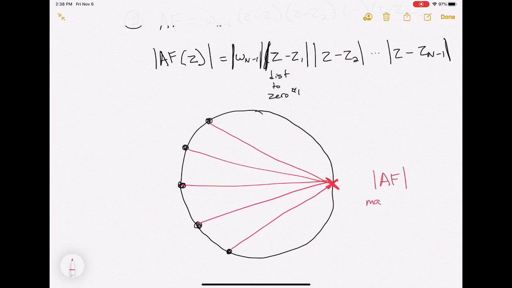So the max distance from all the zeros tells you where the main beam is.